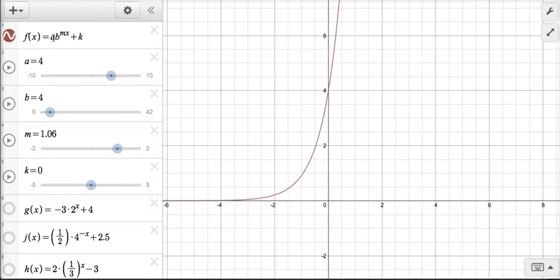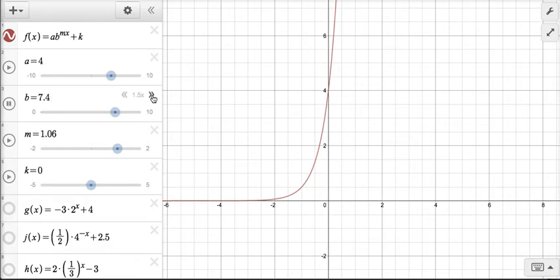Now let's move on and look in general at what happens with this function when we change the coefficient, when we change A. Now again, you already know that B also makes it get steeper and wider, and when B is a fraction, so notice that would be between 0 and 1.